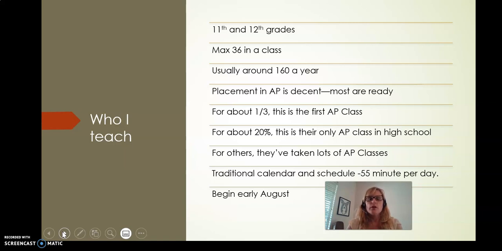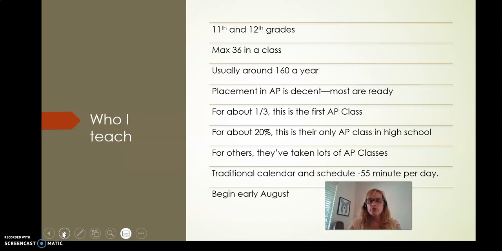For about a third of my students, this is their first AP class they've ever taken, even as a senior. And for a lot of my seniors, this is their first and only AP class they'll take in high school. So it's really a wonderful opportunity for them to learn the rigor of a college class.